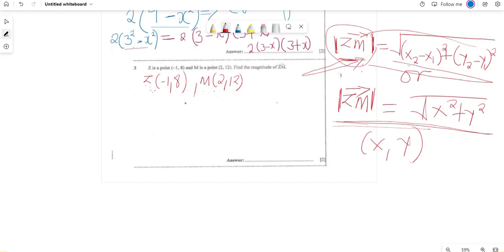So the modulus of vector Zm is equal to the root of x2 minus x1 squared plus y2 minus y1 squared. After stating our formula, we need to choose which one would be our 2's and which one would be our 1's coordinate.